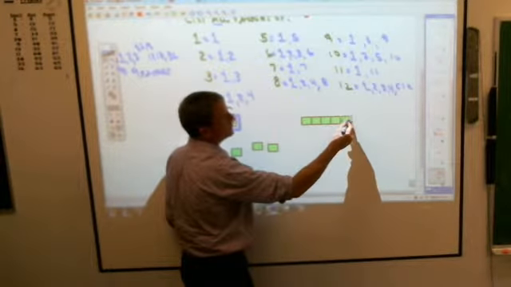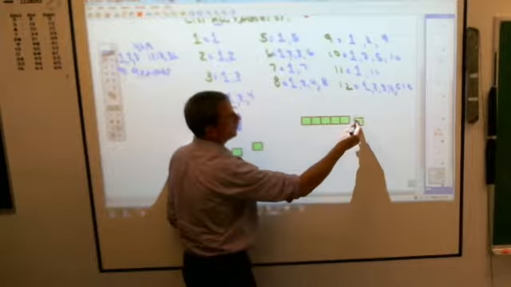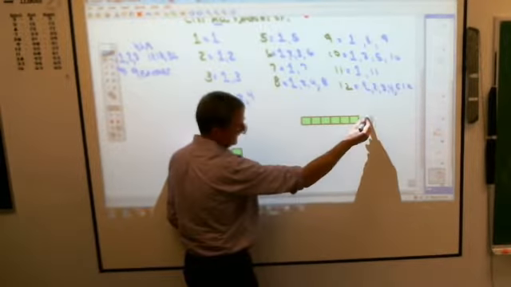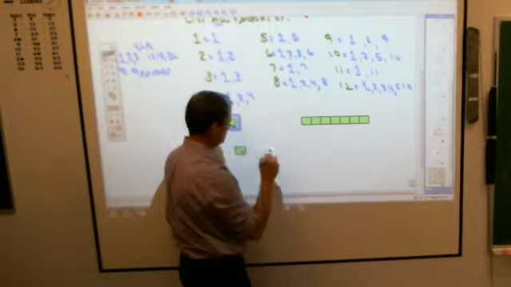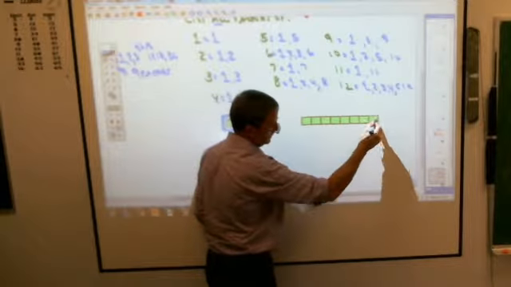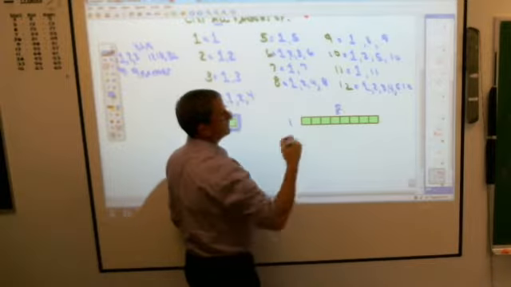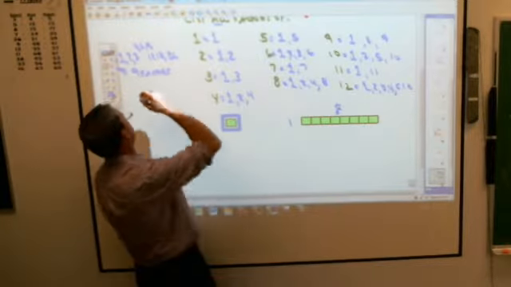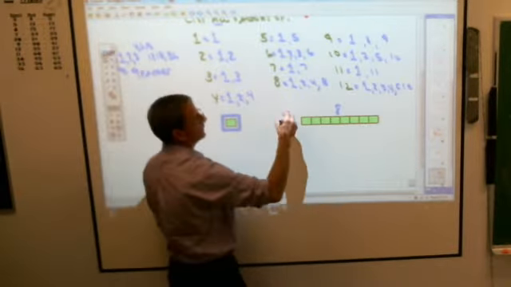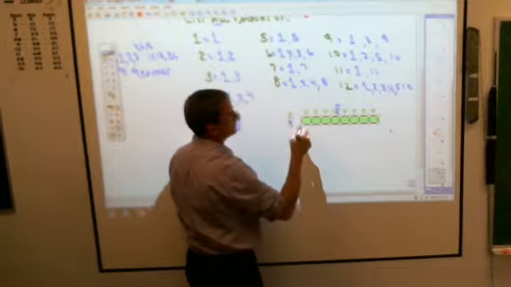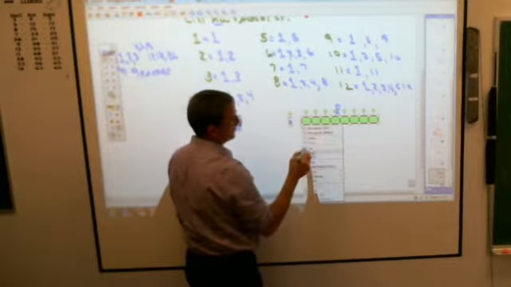Well, one way is to make a 1 by 8 rectangle, because 1 times 8 gives you 8. But there's another way to do it. What are the chances I could copy all this at once? Sure, why not?